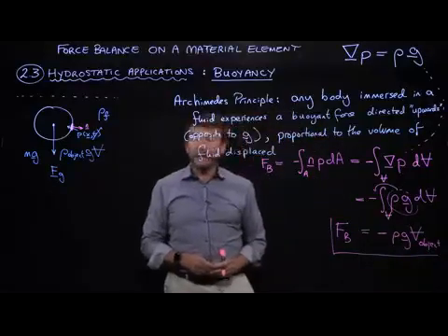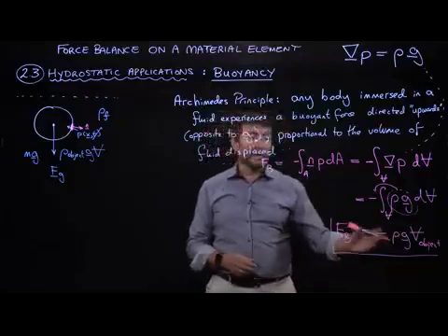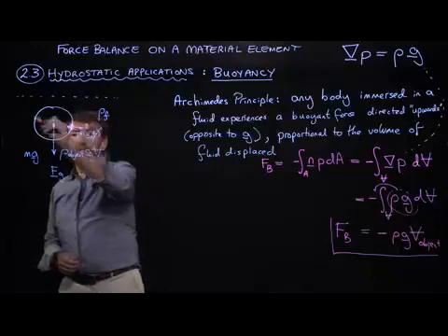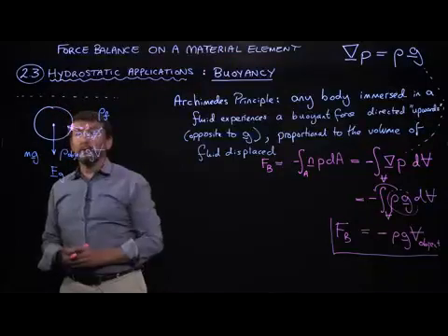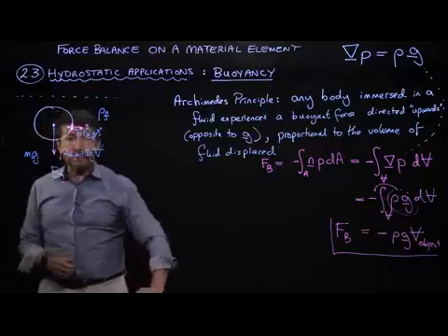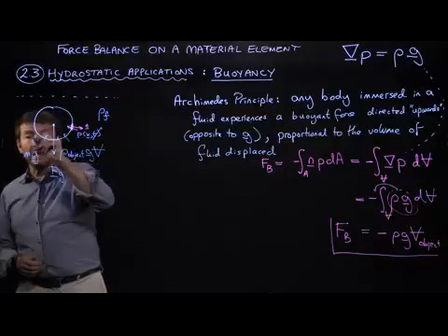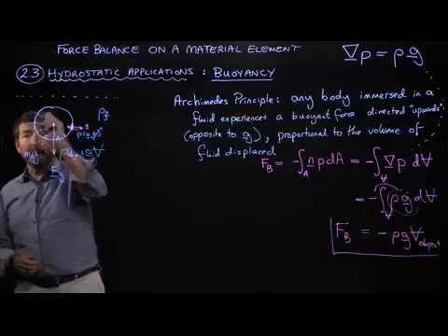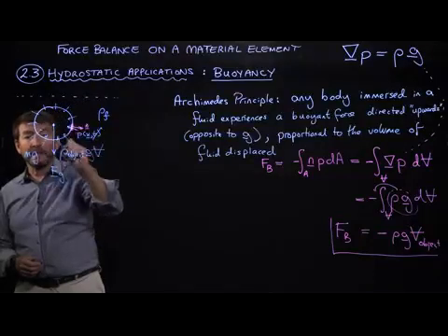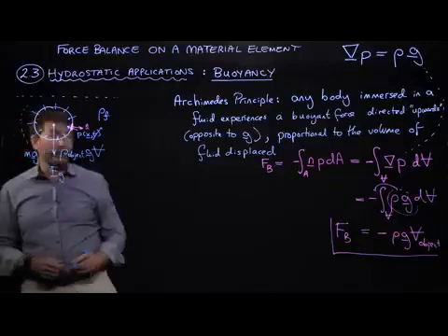And this is where we have to be a little bit careful about which density it is that's in here. So if we think about what we've done here, we certainly did an integration over the surface of this. We converted it into a volume integral, but what we're integrating over is the distributed pressure arising from the fluid that's all the way around my object. And so I'll try and indicate the arrows as getting bigger and bigger when I'm down here. And we are really thinking about the pressure that's in the fluid surrounding here.